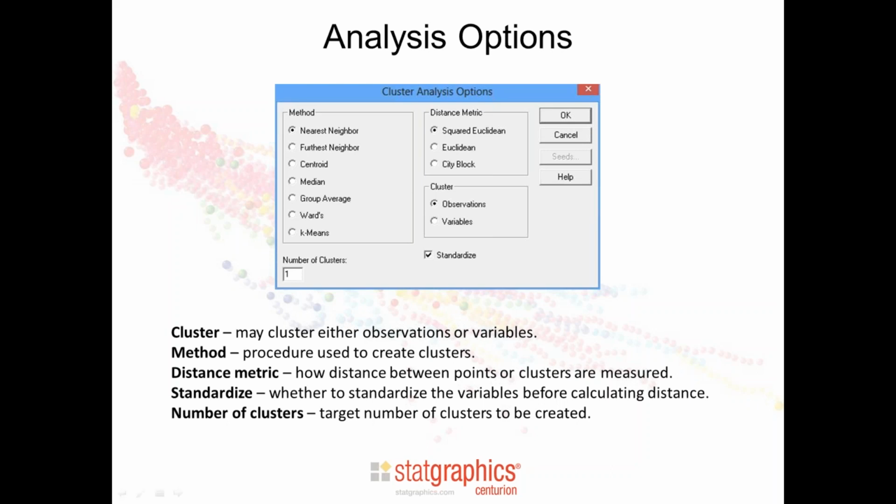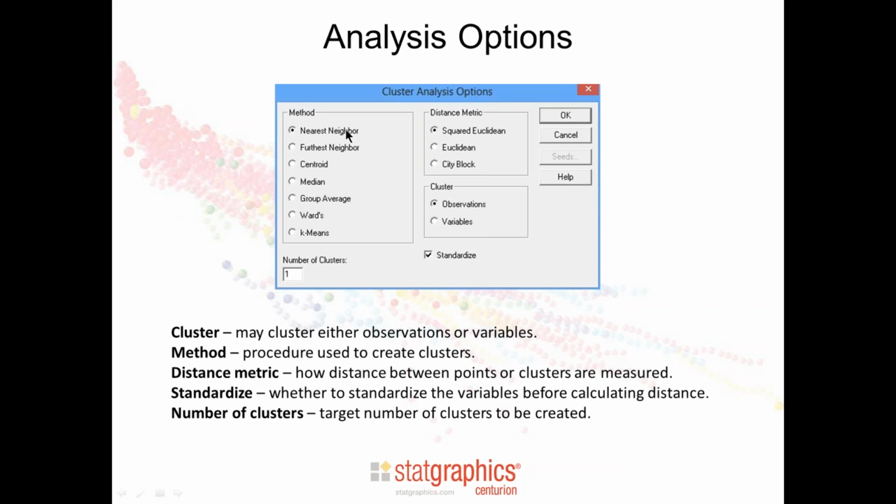The first 7 options here, nearest neighbor, furthest neighbor, and so forth, down to Ward's method, are what are called hierarchical methods. In that case, we'll actually begin by putting every country in its own cluster and start combining countries that are similar until we get down to a small number of clusters.